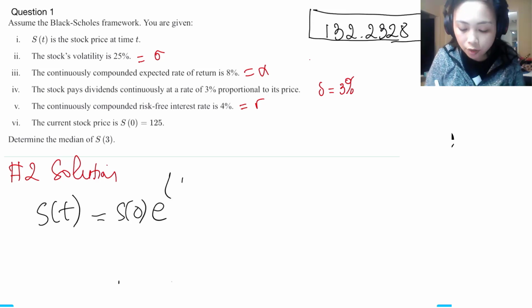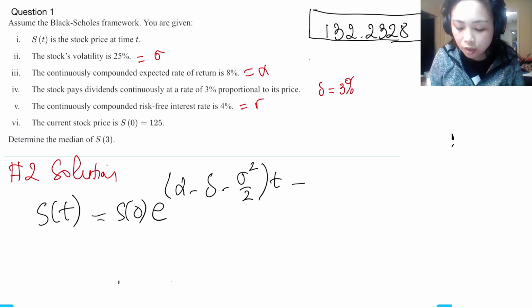So from here, what is S of 3? This is the stock price model at time 3. It should be S of 0.